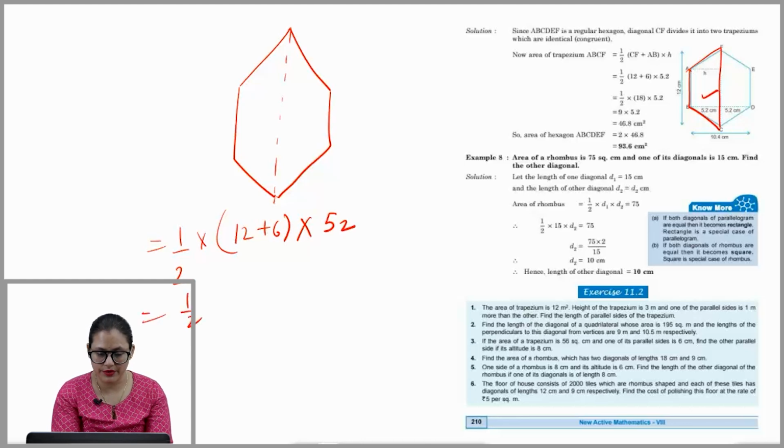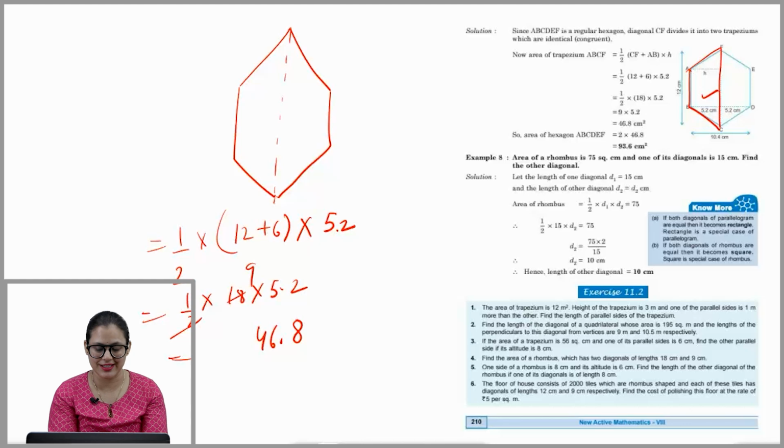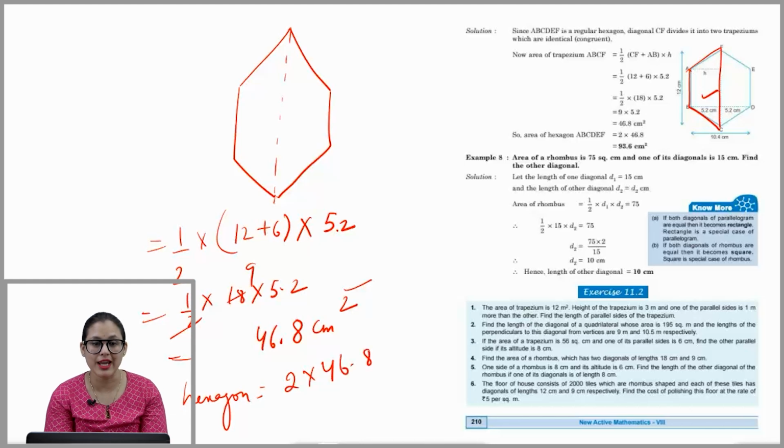So half into 12 plus 6, which is 18, into 5.2. 9 twos are 18, 9 fives are 45, 46.8 centimeters square. Now the area of the hexagon: it has been divided into two congruent, identical trapeziums, so we will multiply this area by 2. 2 into 46.8 is 93.6 centimeters square. So this is the answer.